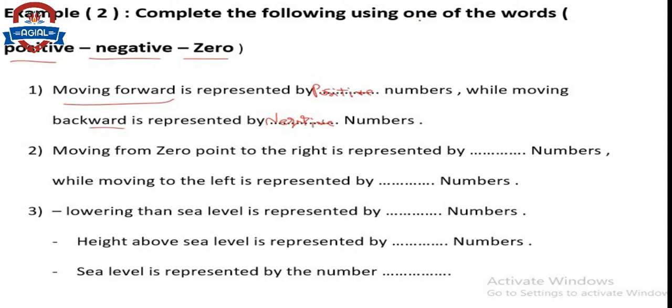Number 2, moving from 0 point to the right is represented by, now guess the answer. Moving from 0 point to the right is represented by positive numbers, while moving to the left is represented by negative numbers.